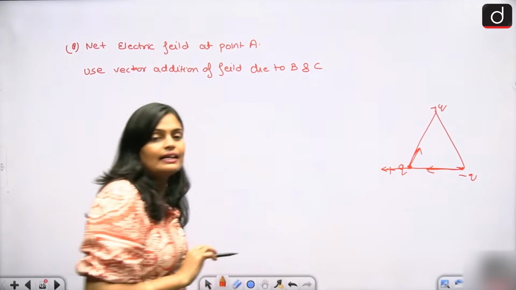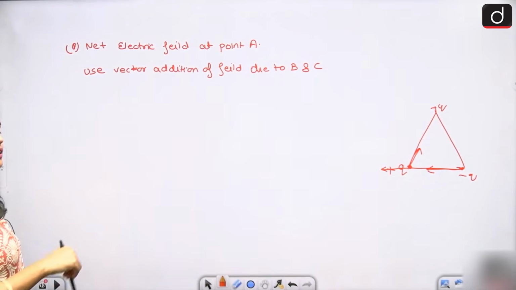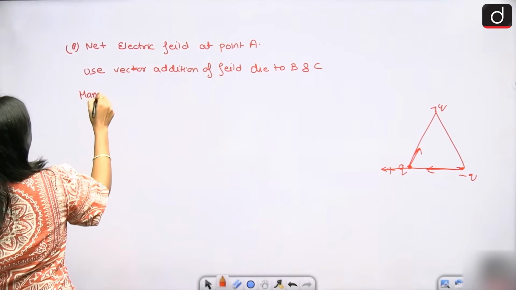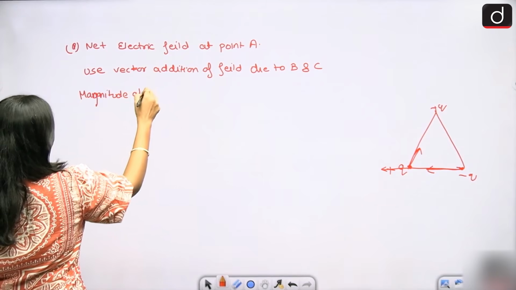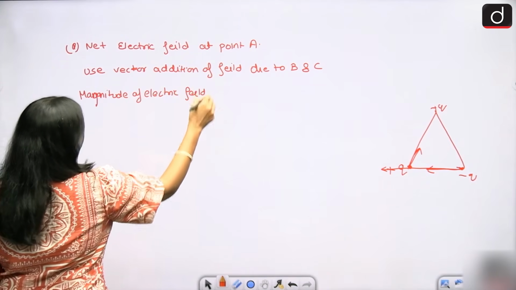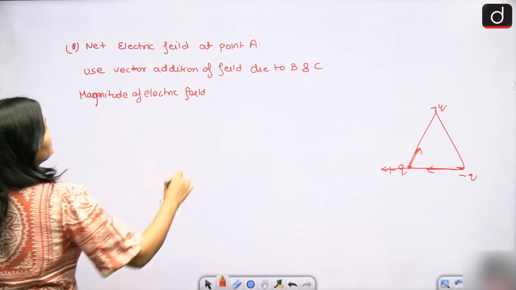The net electric field due to both the charges. Okay, so magnitude of electric field due to each.